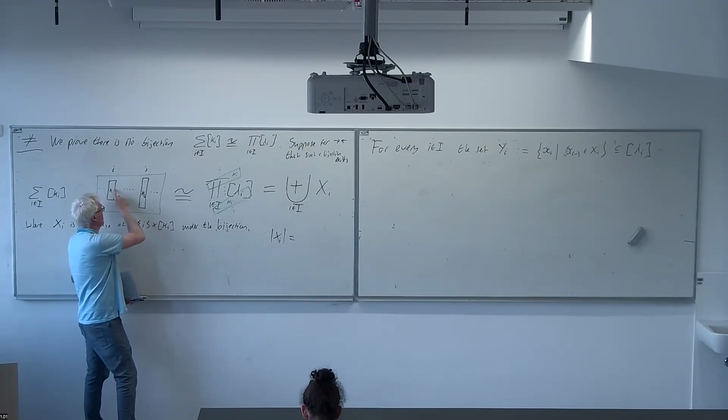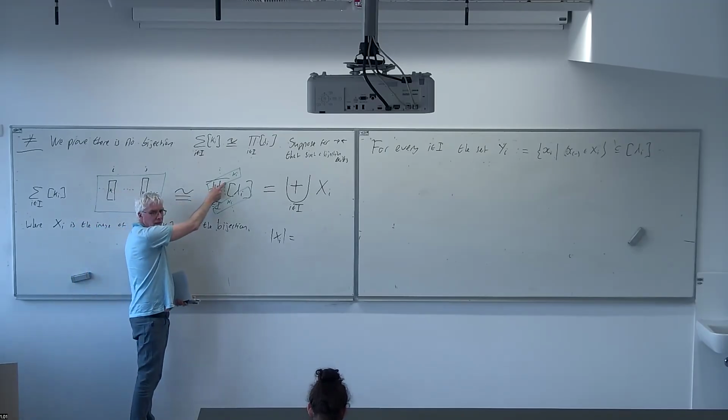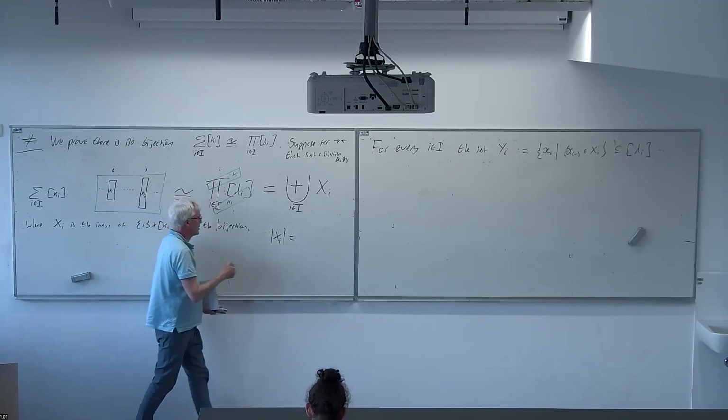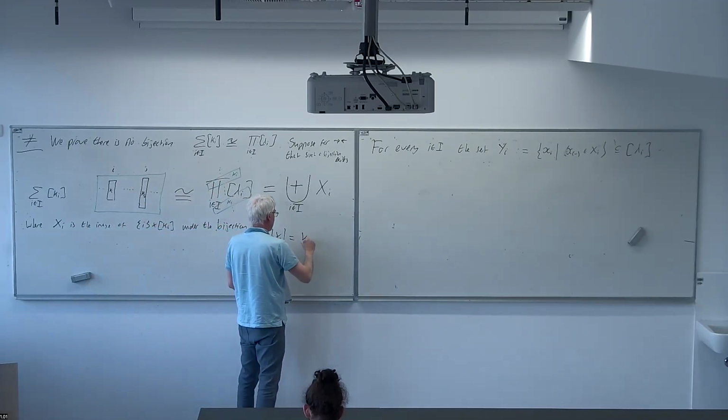And so each xi has cardinality kappa sub I, because we're simply transforming that block under a bijection. So the cardinality of x sub I is kappa sub I.